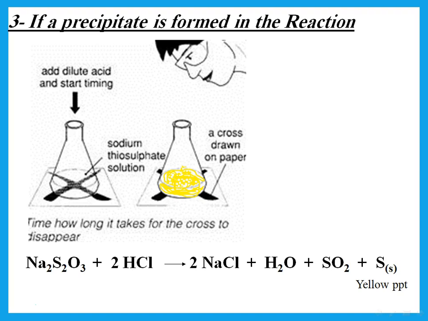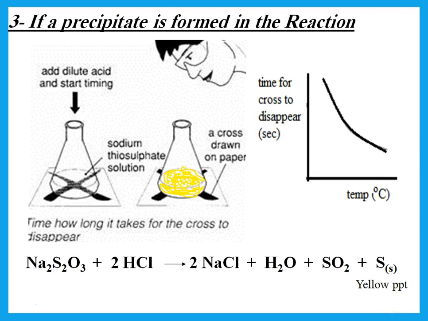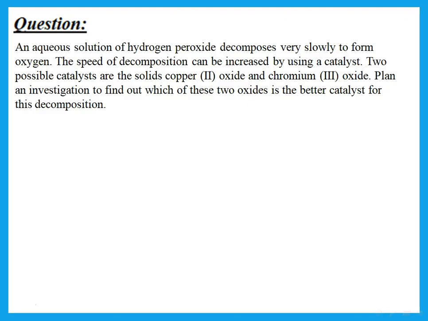When it reacts with acid, one of the products is sulfur solid, which is a yellow precipitate. So I measure the time taken for the X to disappear, for the cloudiness to be so much that I cannot see the X. And of course, I can make a graph of time versus temperature. For example, if I'm doing this experiment several times at different temperatures, remember, a faster reaction takes less time.